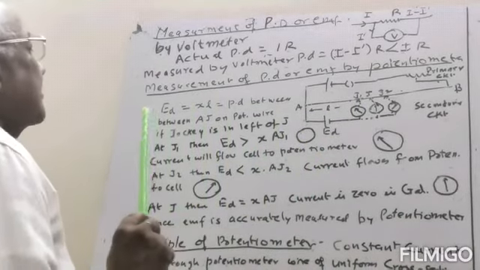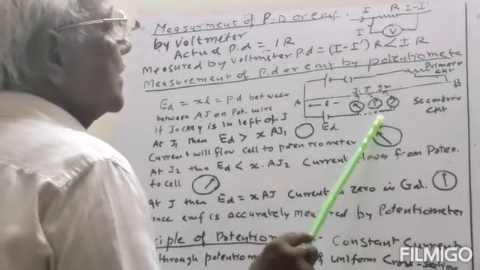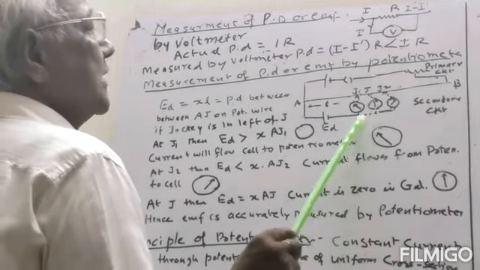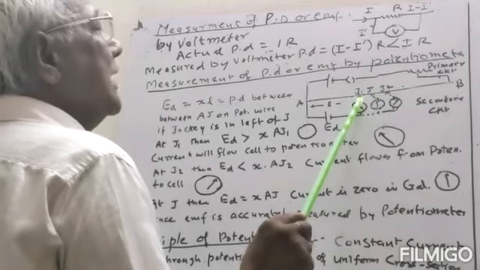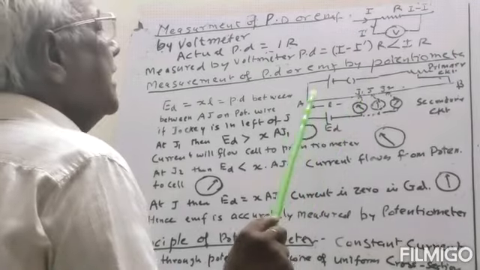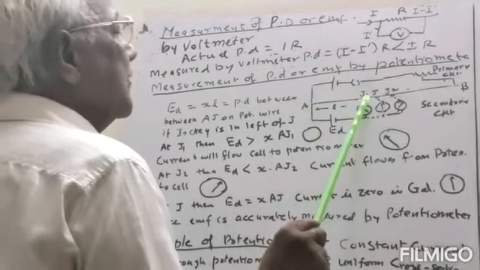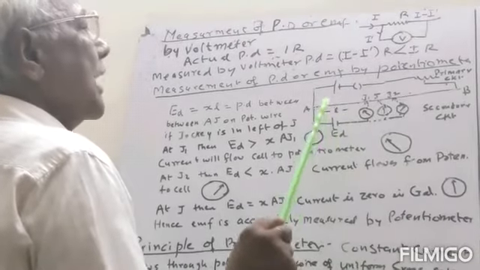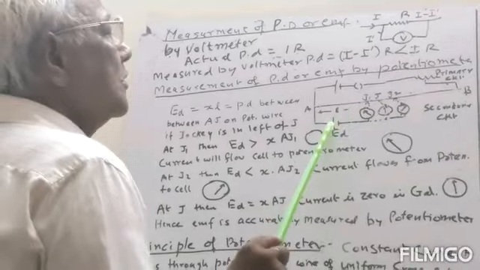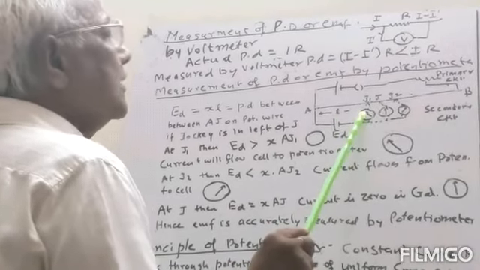So if we connect this galvanometer, suppose, at the point J1, then the potential difference between A and J1 will be less than ED. So current will flow from the cell to this, so the deflection will be on the left side.